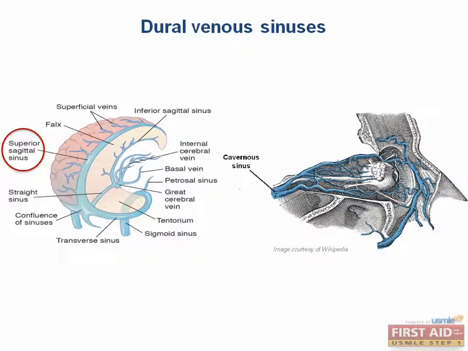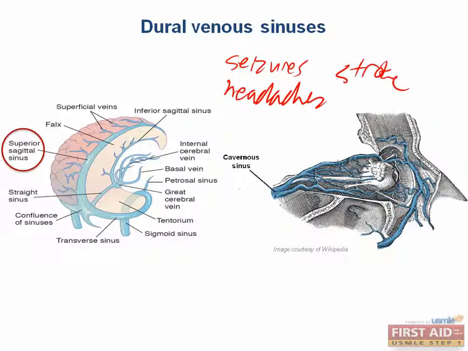Sagittal sinus thrombosis is caused by hypercoagulable disorders, especially in pregnant women. These patients present with seizures, headaches, and strokes. Now, why do you think this is? Well, this is due to increased intracranial pressure that accumulates due to blockage of the primary path through which fluid must exit the brain.